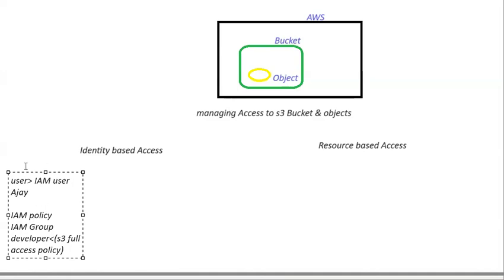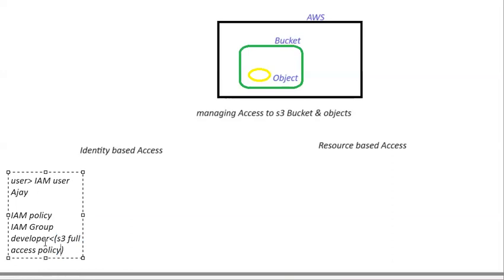Now, this Ajay user is attached to the IAM group. Firstly, he logs in with the IAM user to the AWS account. Now he tries to access this bucket. Initially, AWS will check what IAM policies this Ajay has. For this particular user, no IAM policies are assigned, but from the group, he gets this S3 policy.